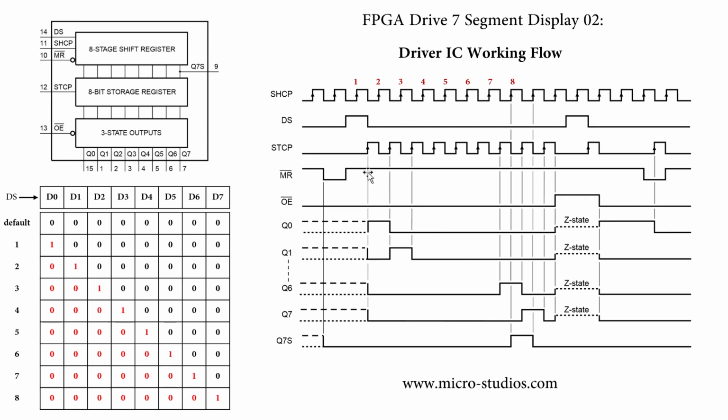So it means every change from low level to high level of the storage clock, it will push every bit data in the storage out here. Also, it is the shift register value out here.